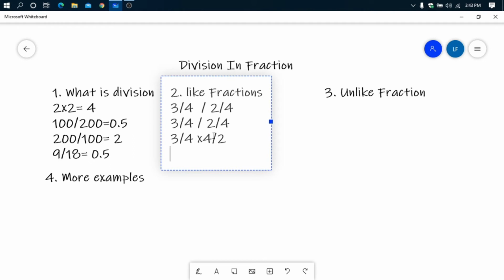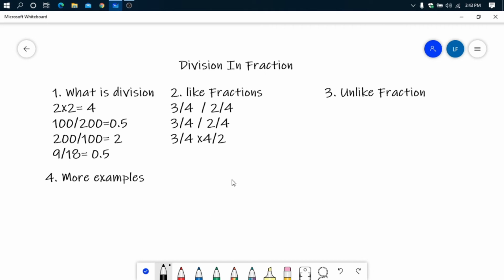So now how are we going to finish the sum?